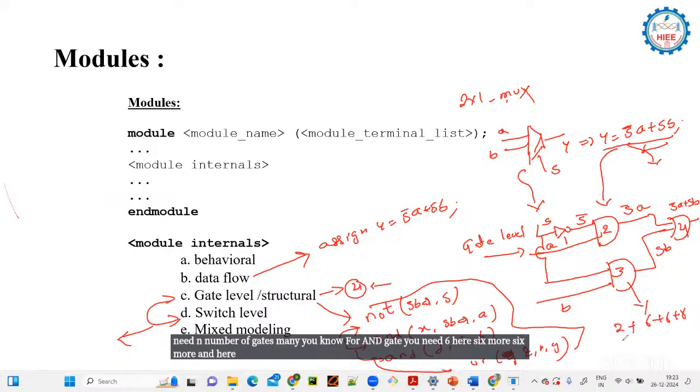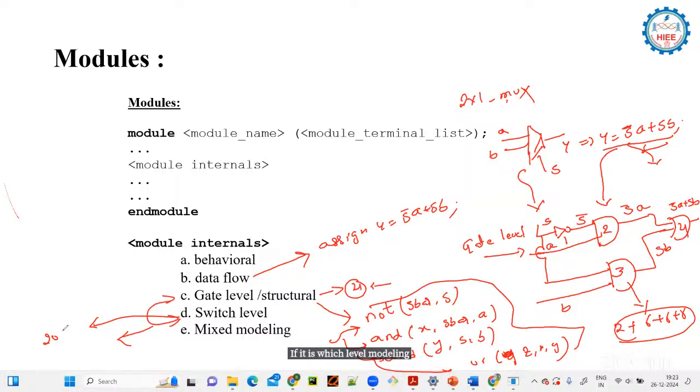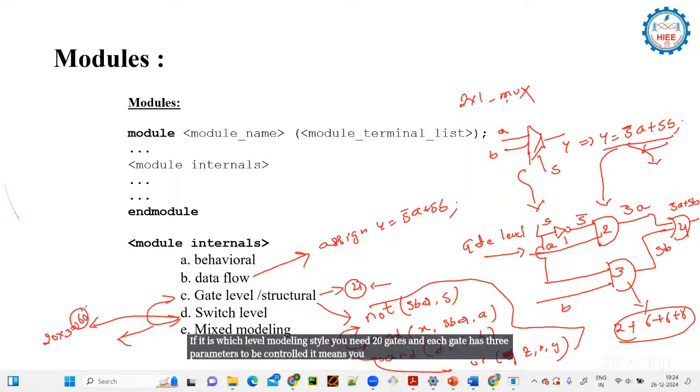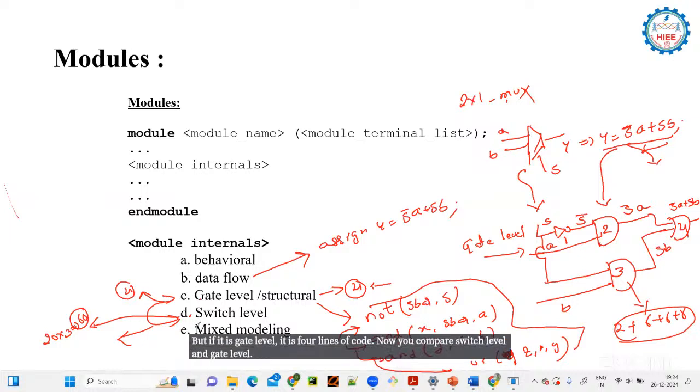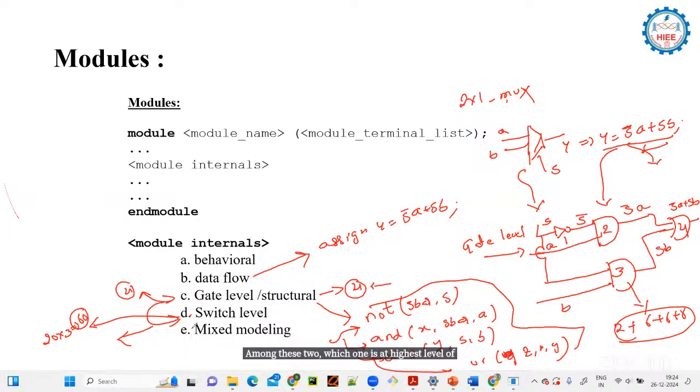So totally you need 20 gates. In switch level modeling style, you need 20 gates and each gate has 3 parameters to be controlled. It means you have to take care of 60 parameters. But if it is gate level, it is 4 lines of code. Now you compare switch level and gate level. Among these two, which one is at highest level of abstraction? As per you, obviously gate level.